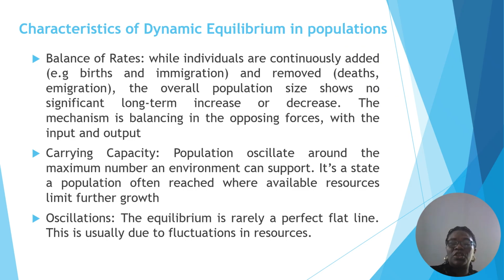We have oscillations taking place. That is, you have a situation where organisms are increased in the population and also decreased, but we don't have a balance. That is, we don't have a situation where we have equal numbers of the two.